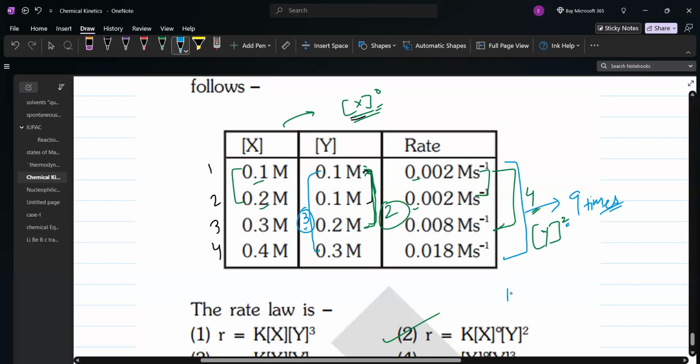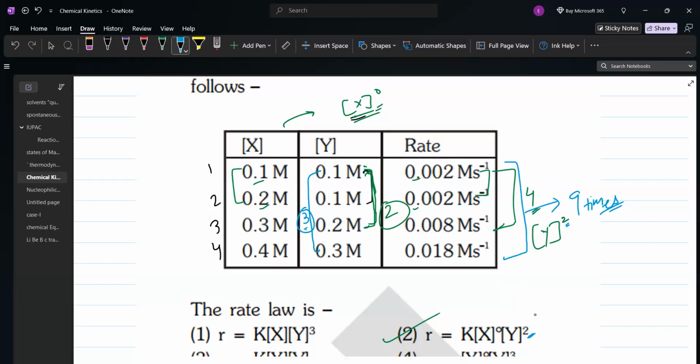So in both experiments we can see that it should be 2 only. Are you getting it? Yes, sir.